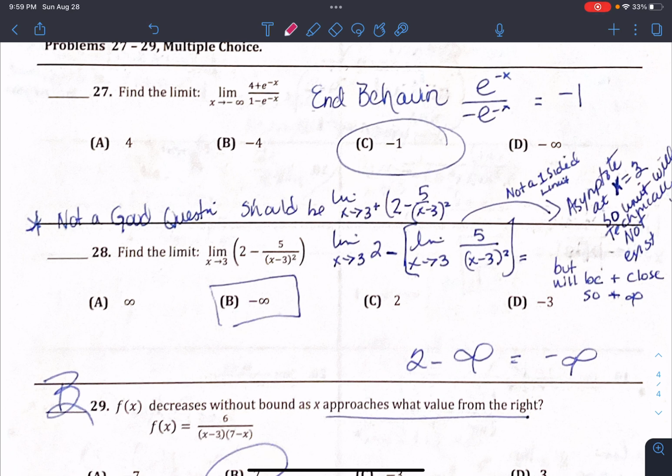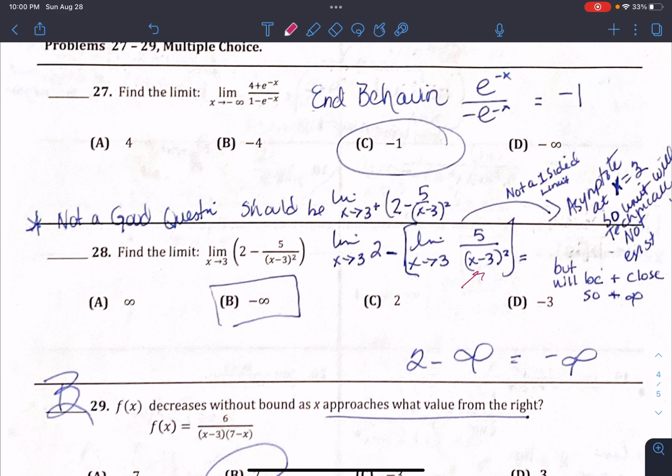Oh my goodness. Let's see. I'm just going to look at it. The limit as x goes to 3 of 2 minus 5 over x minus 3 squared. So we're looking at closer and closer. So that would be 2 minus, and I'm squaring this, so even if it's negative, it's going to be positive, right? It's the second part.